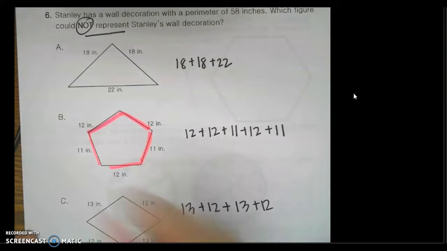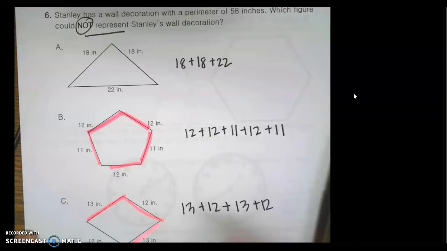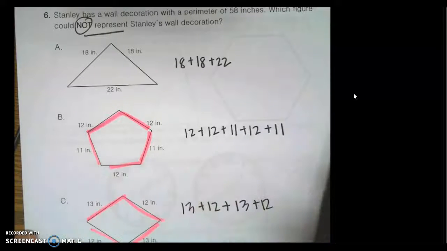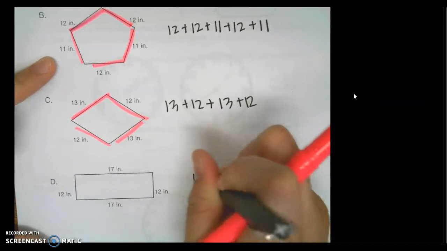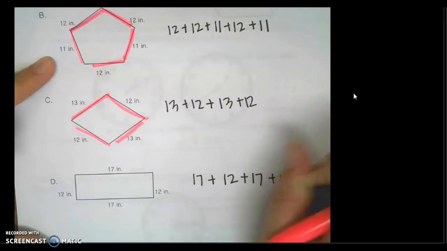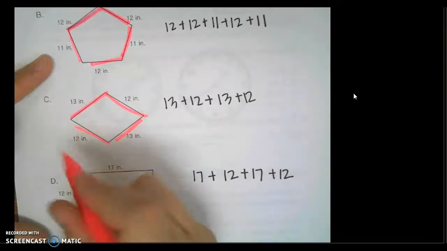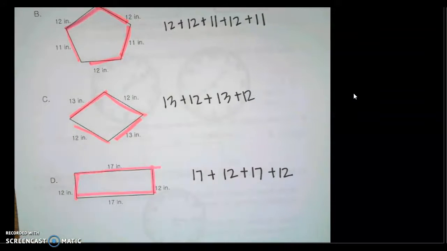All I did was go around my figure. Okay, this bottom one would be 17 plus 12 plus 17 plus 12.